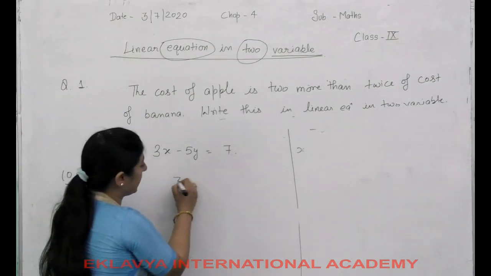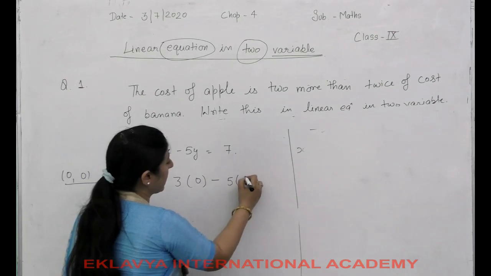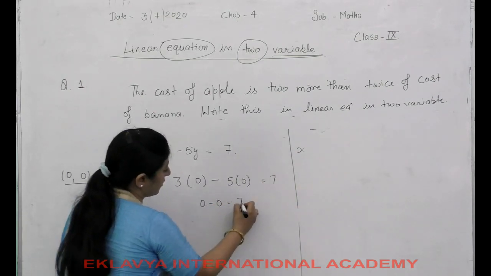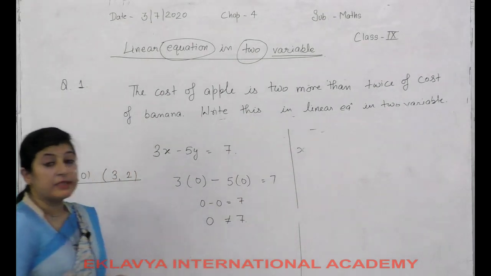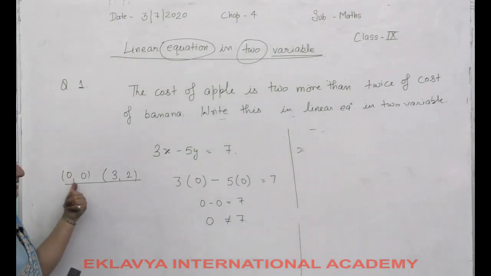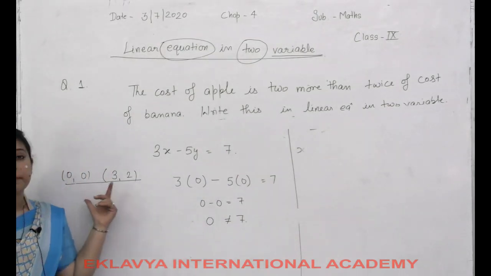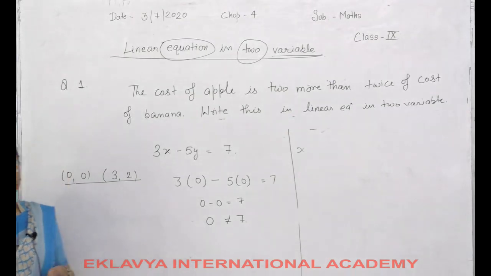Write down the values. That is 3 multiplied by 0 minus 5 multiplied by 0 is equal to 7. 0 minus 0 is equal to 7. 0 does not equal 7. It means LHS and RHS are not equal, so the given ordered pair is not a solution of the given equation.